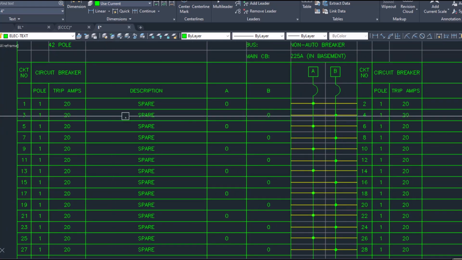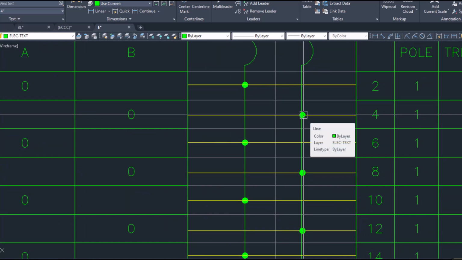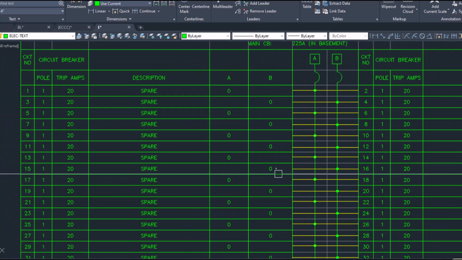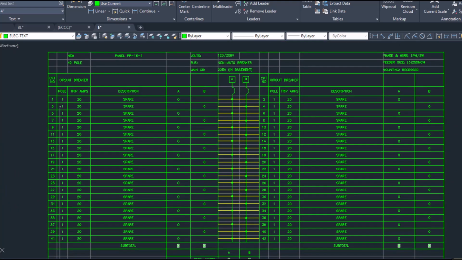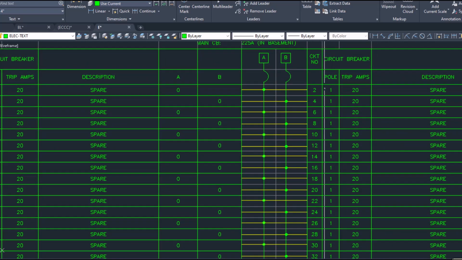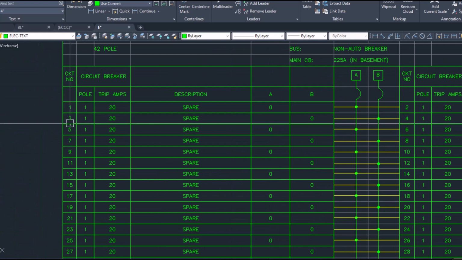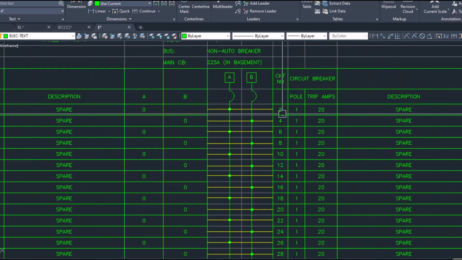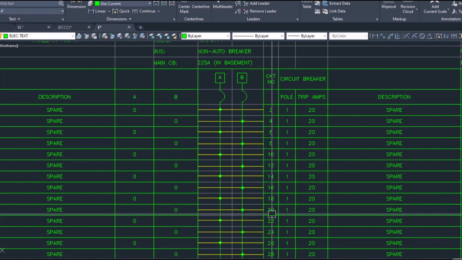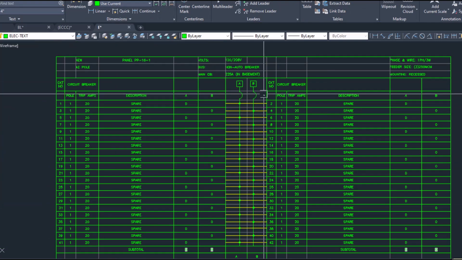And then the next row will be connected to the other phase right here. And then it would alternate between the phases as you go down the rows. Also, you could see that the numbers are odd on the left side and even on the right side. So the circuit numbers go 1, 3, and so on, on the left, and the circuit numbers are 2, 4, and so on, on the right side of the panel schedule.